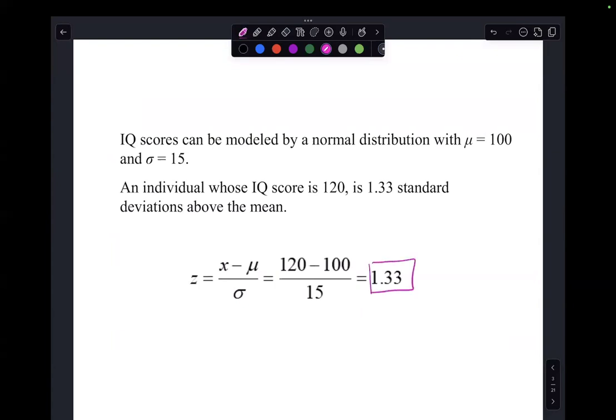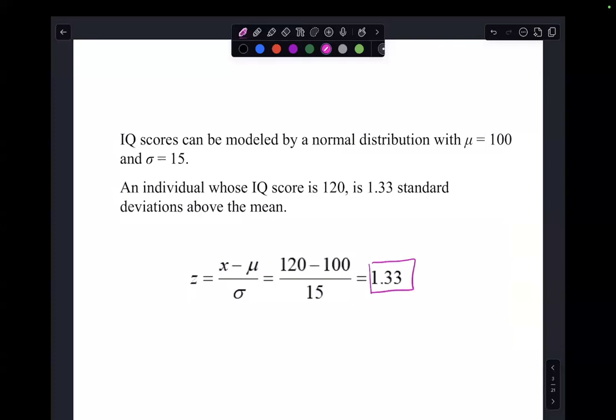So a person with an IQ score of 120 has a z-score of 1.33. If somebody just told you they have a 120 IQ, you wouldn't really have any idea of what that means. But knowing it has a z-score of 1.33, you can determine that it's a little bit above average.